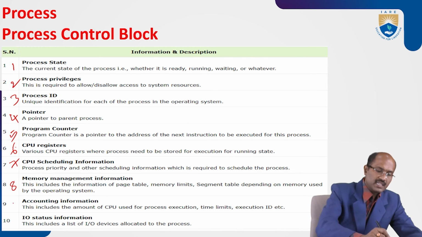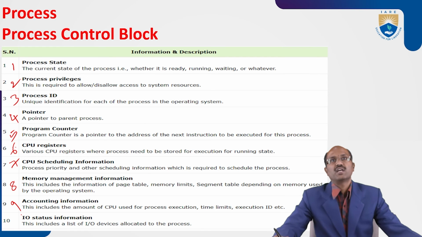The next data structure is accounting information. This includes the amount of CPU used for process execution, time limits, execution ID, etc. It contains all this accounting information, meaning when the process is created and when the process is terminated, that is the time.